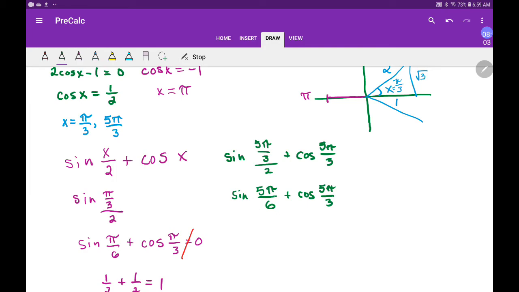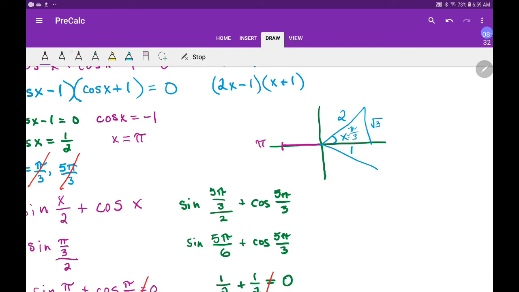The sine of that is going to give me a plus answer, right? It's still 30, but it's in the second quadrant, which is positive for sine. And the cosine in the fourth quadrant is also positive. And these are supposed to be equal to 0, and they're not. So we have another one fail. No thank you.